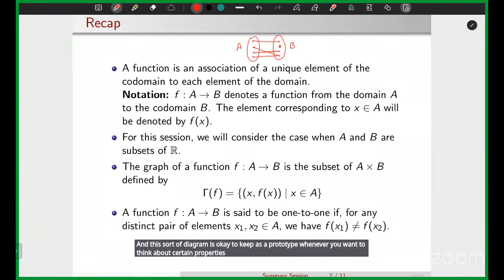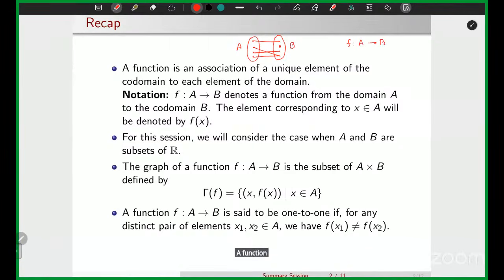But usually we will be describing functions just as a function from A to B, and we'll give some formula or expression in terms of x. So if I know x, I can compute what f of x is using the formula specified.